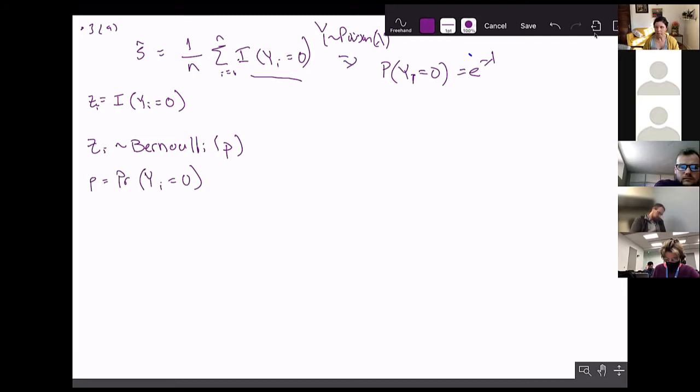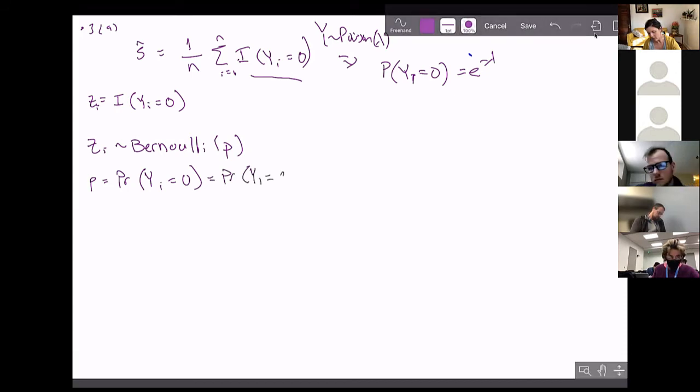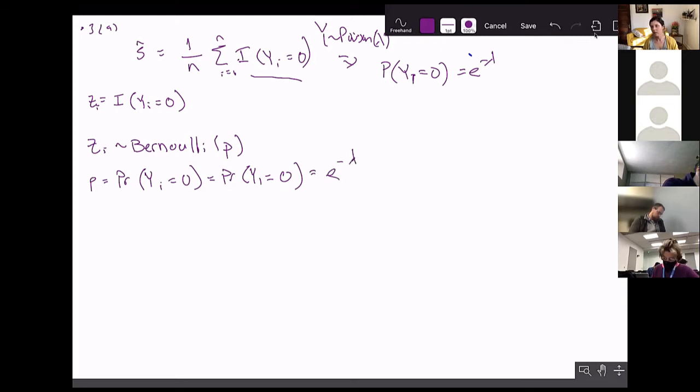Will it be e to the negative lambda? Yeah, so the probability that yi is equal to 0 is the same as the probability that y1 is equal to 0 because they're identically distributed, which we're given in the problem is e to the negative lambda. Does that make sense?